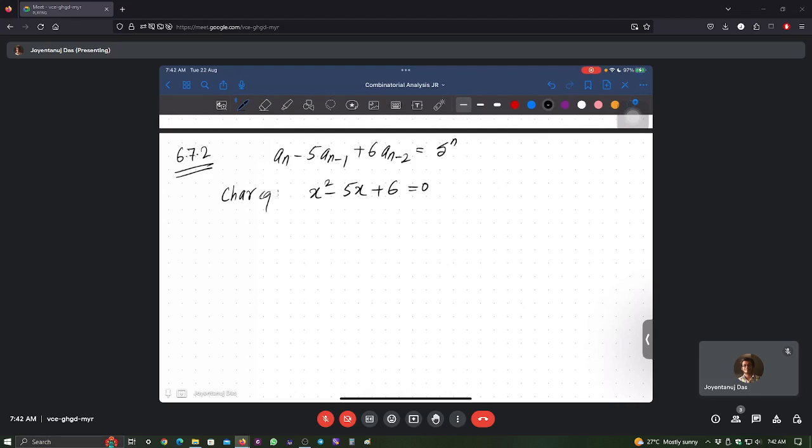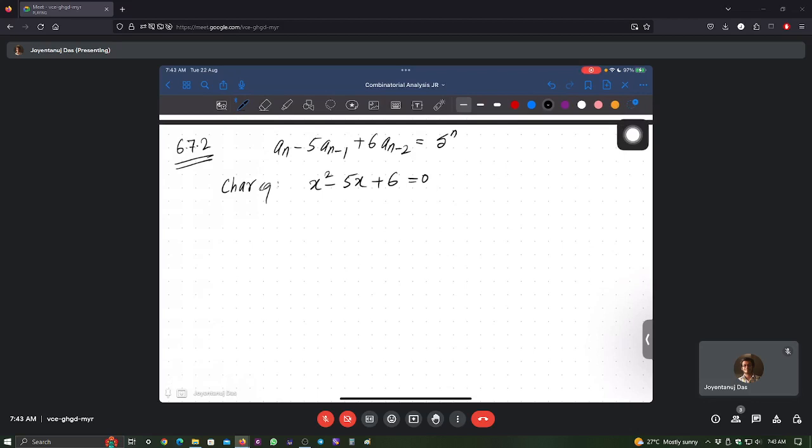Okay, x minus 6... Yes, one root is 3, and another one is 2.